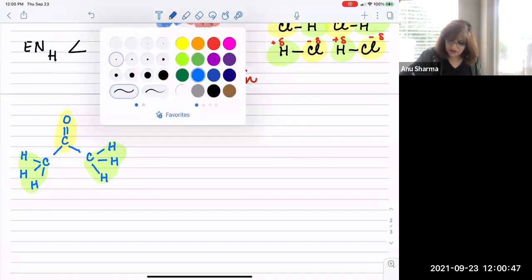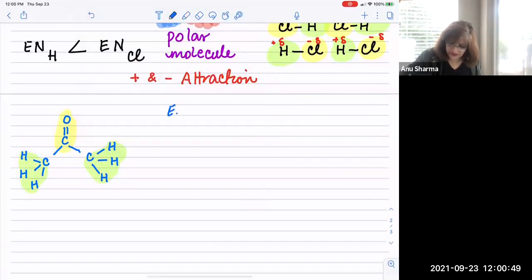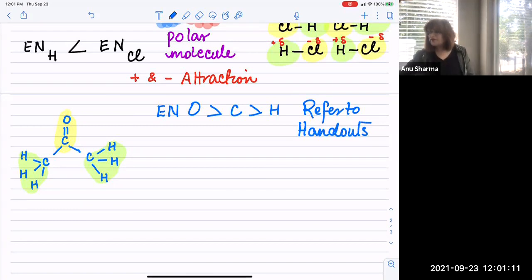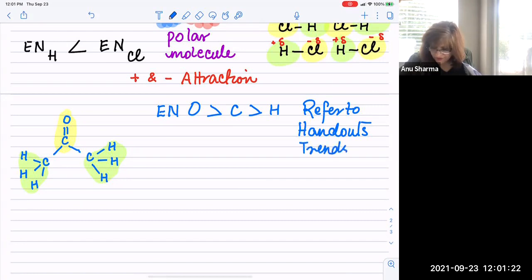Because the electronegativity of oxygen is the highest. Electronegativity of oxygen is higher than carbon, and carbon is higher than hydrogen. You can refer to the handout and check the electronegativity values, but at the same time, you can also look at the trends in the periodic table, and that will tell you the same thing.